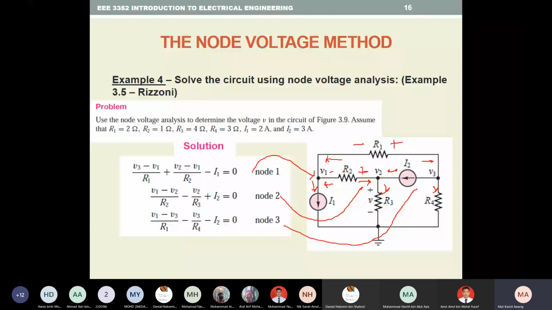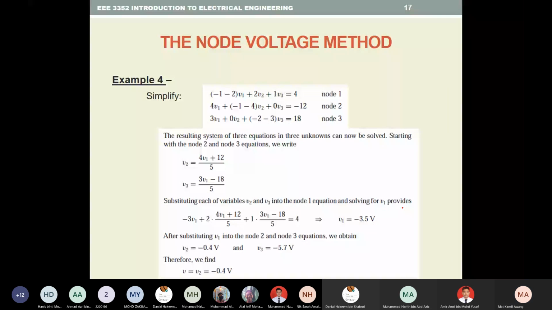Okay. So this is the equation. 3 nodes, 3 equations, and you have 3 variables, V1, V2, and V3. Then you simplify, so you get this equation.